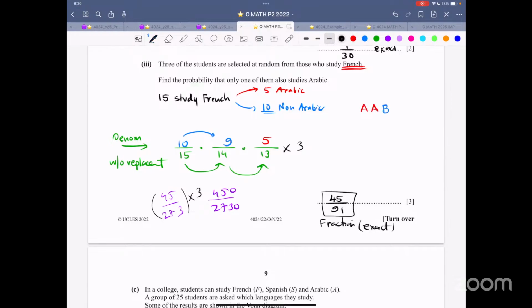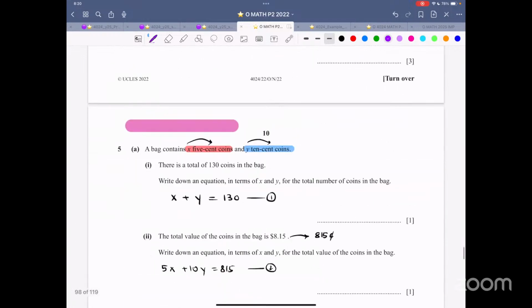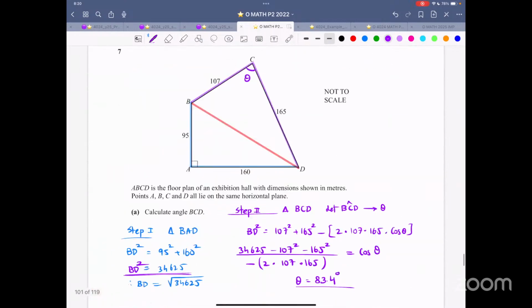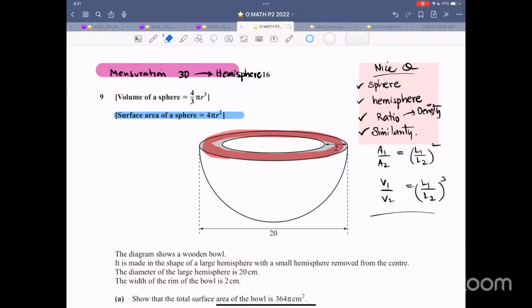So this is AAB, ABA, and BAA. There are 3 ways of arranging this. So this 3 is for this arrangement. That is how this thing is done. This is basic simultaneous. This is all good, all clear.